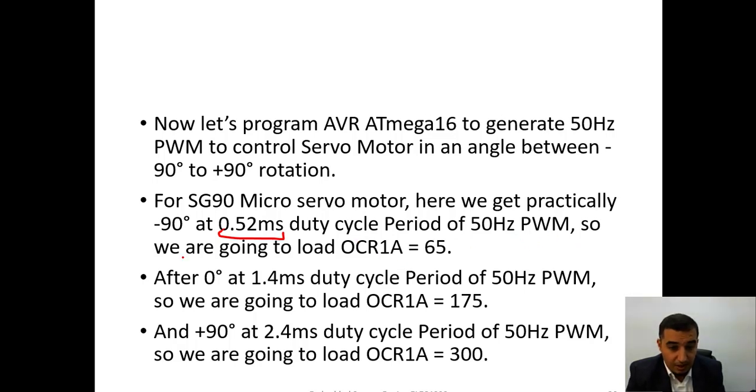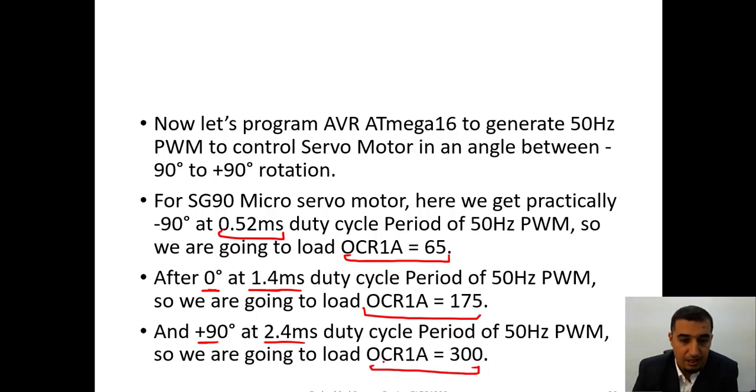So we will get that the OCR will equal 65, where angle 0 will be at 1.4 milliseconds, and we find OCR 175, and the plus 90 is at 2.4, and OCR will be equal to 300.